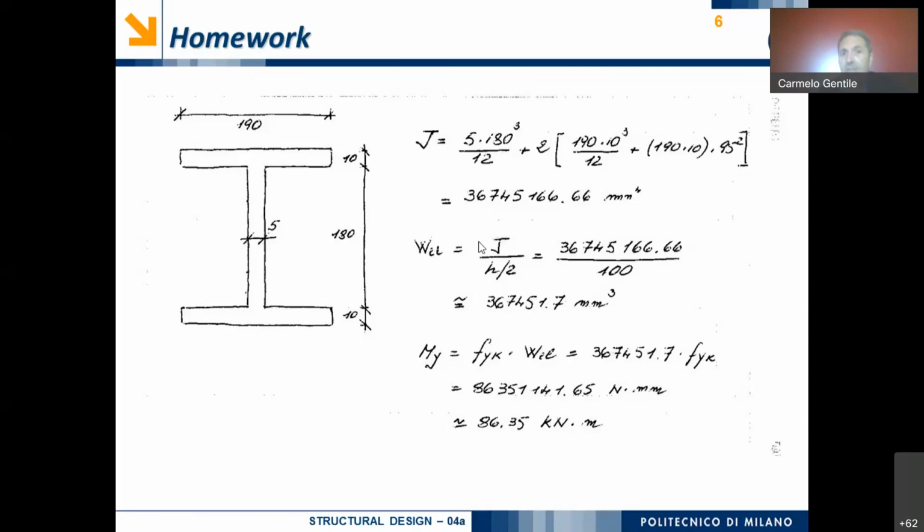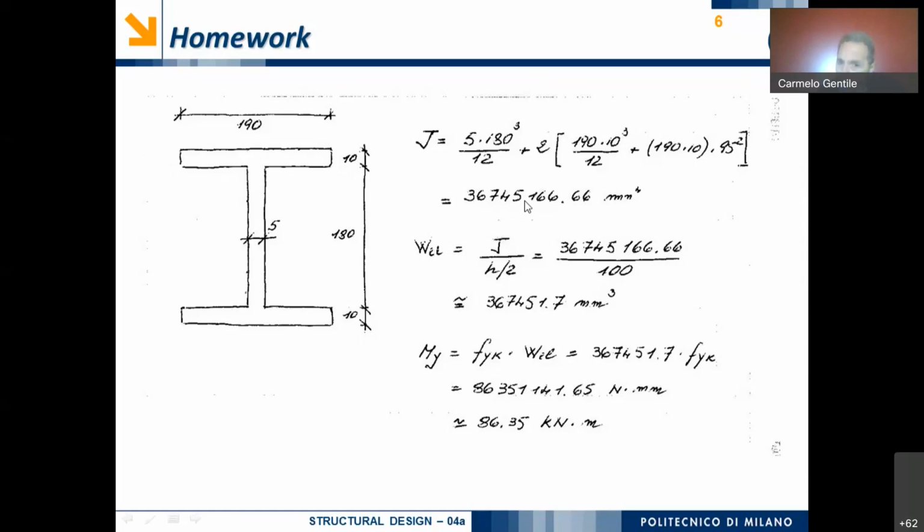Since the height of the overall cross-section is 200 millimeter and the thickness of the flange is 10 millimeter, this distance is 95, so times 95 squared. In addition, we have to add the inertia bending moment of this rectangle with respect to an horizontal axis passing for its center, so 190, which is the base, times 10 cubed over 12. And I obtain a certain value.